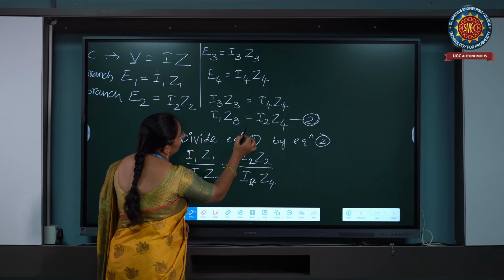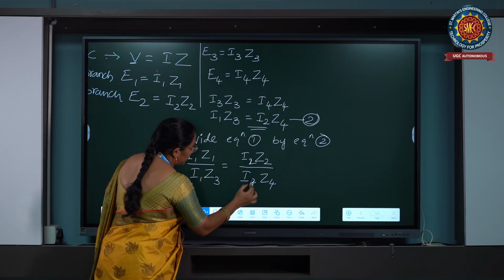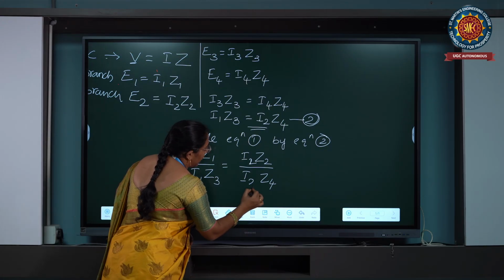Here I4 equals to I2, right? So I am taking it as I2.